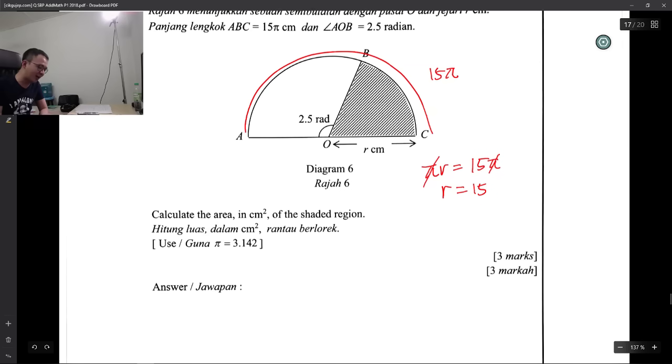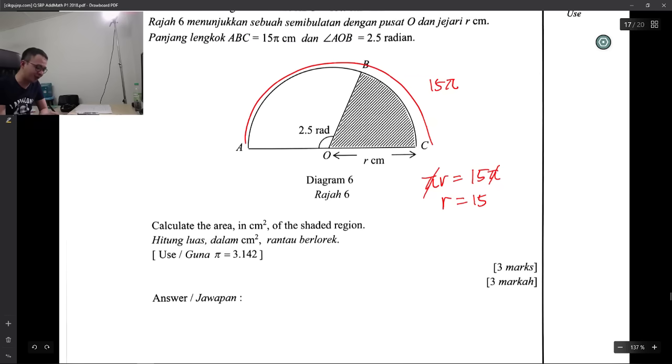After I got my r, I want to find the area of the shaded region. The area of the shaded region will be half r squared theta, right? My r is 15 squared. Theta, the angle here, will be pi, which is 180, minus 2.5, so it's pi minus 2.5. To get a very accurate answer, since they give me the pi value, I will insert the pi value, minus 2.5.